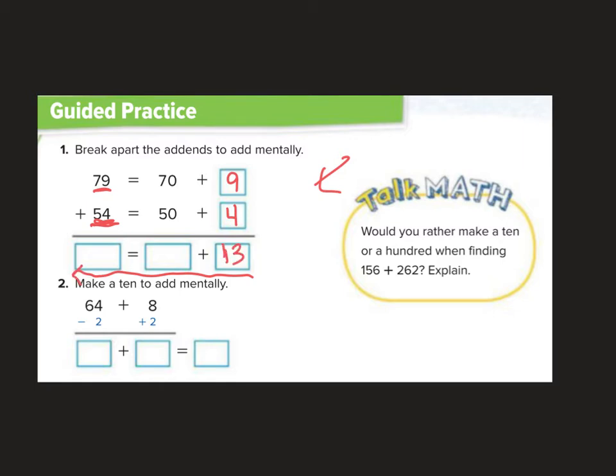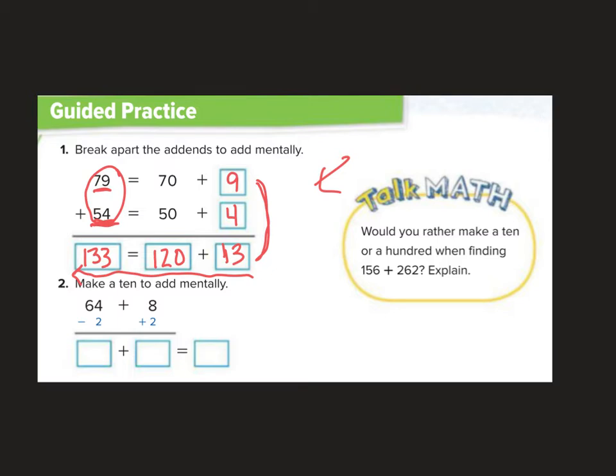And 70 plus 50 is 120. If I take 120 plus 13, this isn't quite as pretty as the other example, so I'm glad they chose one like this, it is 133. But I still think this way of thinking about it is much easier than if I was going to try to just tackle that in my head, right?